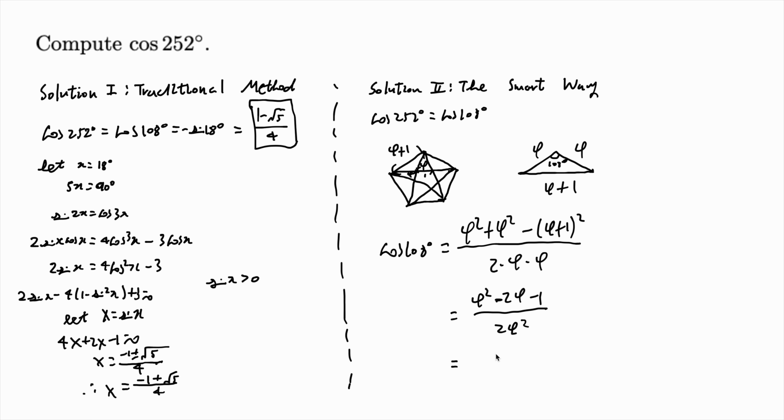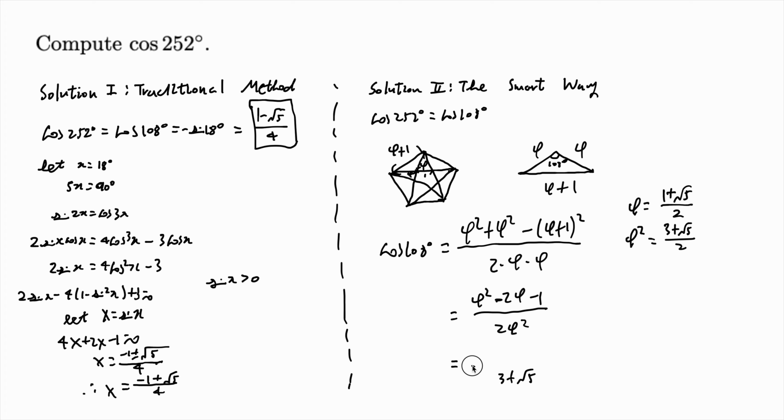I think there is a smart way of doing it, but I just cannot think of it right now. By definition, phi is equal to 1 plus root 5 over 2. So phi squared is equal to 3 plus root 5 over 2.